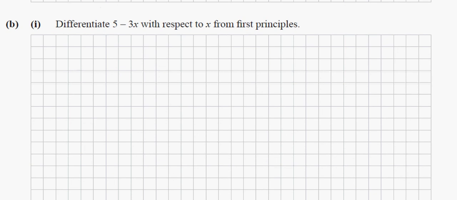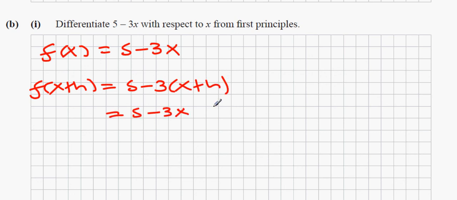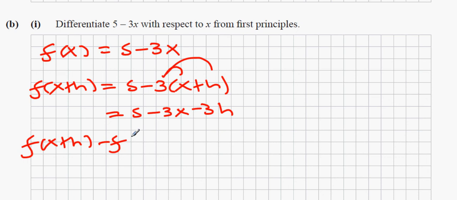Now remember what first principles is. f of x equals 5 minus 3x. f of x plus h is the second step, where it's equal to 5 minus 3 times x plus h, which is equal to 5 minus 3x minus 3h. Third step is f of x plus h minus f of x, which is 5 minus 3x minus 3h.